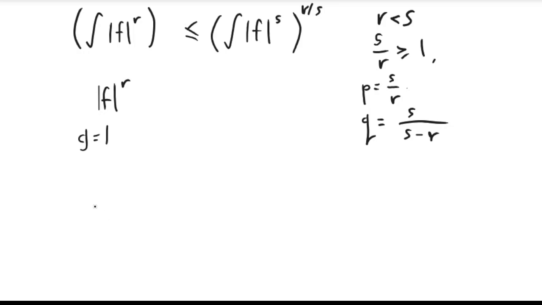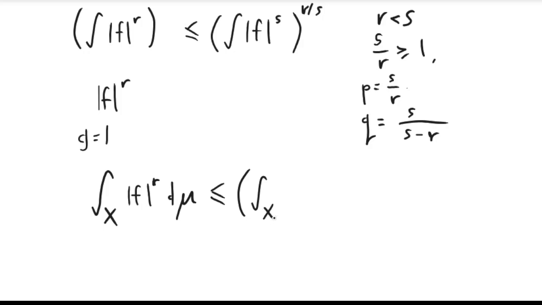Now Holder's inequality tells us that the integral of absolute f to the r times 1, d mu, is less than or equal to the s over r norm of this function.